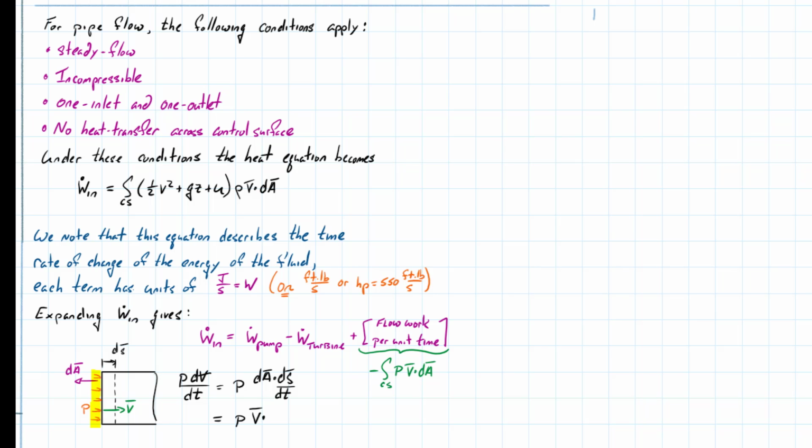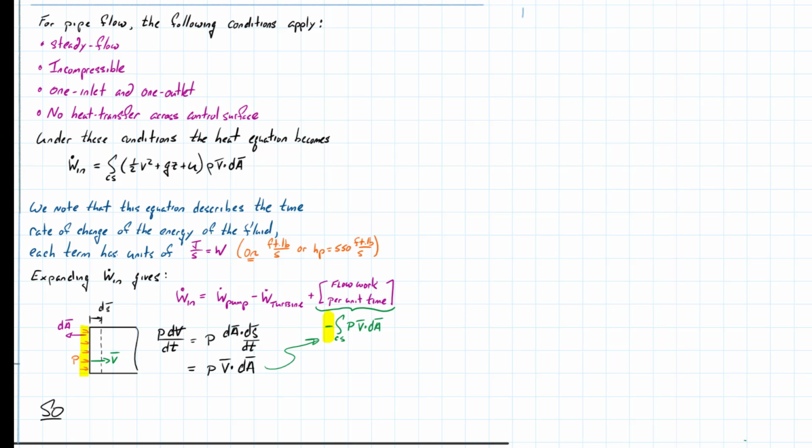And this negative sign shows up to keep everything pointing in the right direction. So we end up with the left-hand side, W dot in, equals this expression for the flow work per unit time plus energy into the control volume via a pump and energy taken out of the control volume via a turbine.